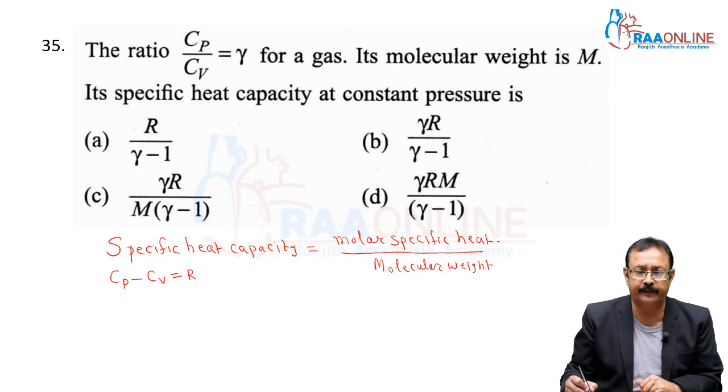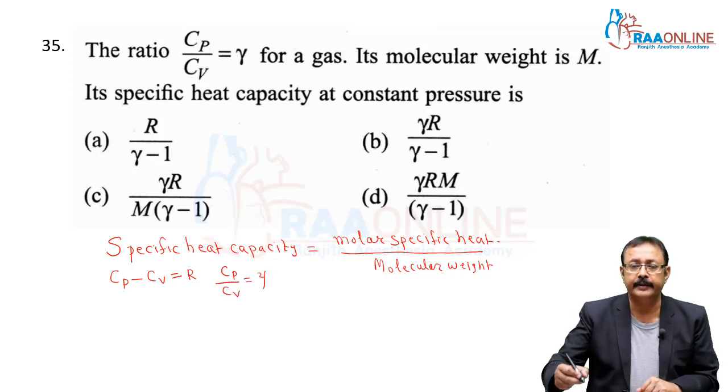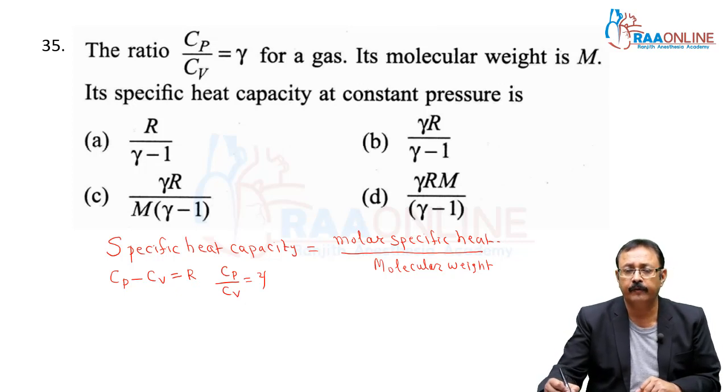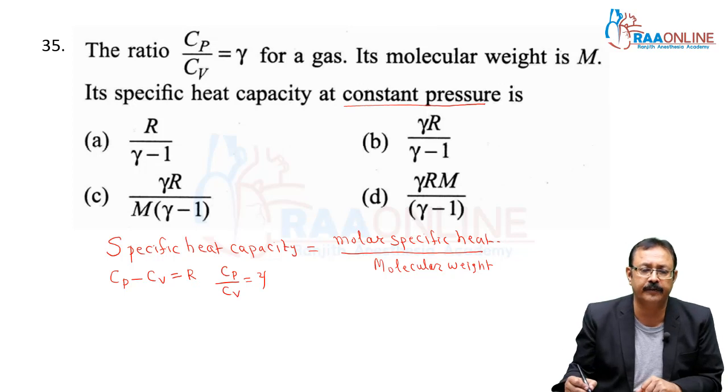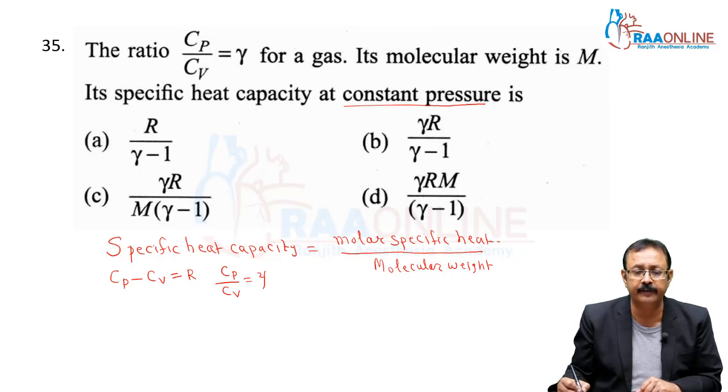These are molar specific heats, and Cp upon Cv is gamma. In this problem we are focused on constant pressure, so remove Cv. The value of Cv is Cp by gamma, Cp by gamma.